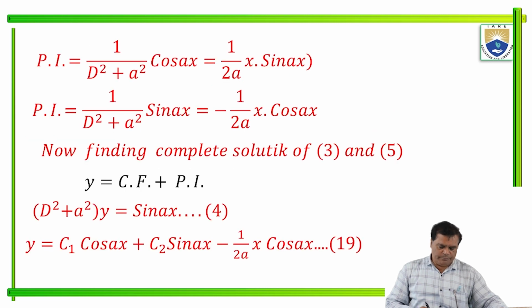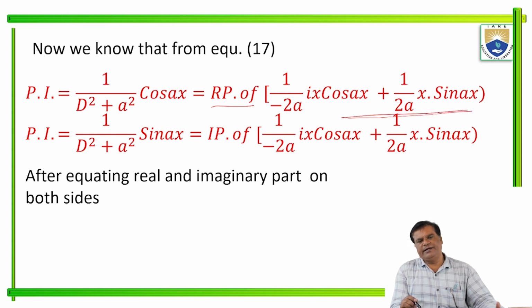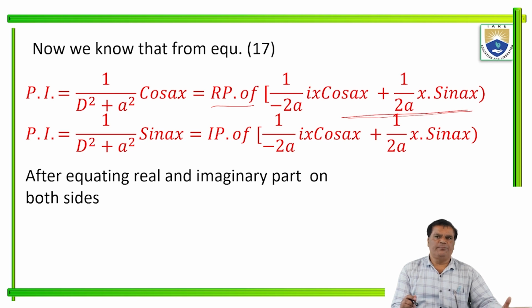So the particular integral: 1 upon D square plus a square cos ax. When cos ax is given in our question, we take the RP of this solution. I am telling you that we can find the solution of both equations, the particular integral and the complementary function, simultaneously.